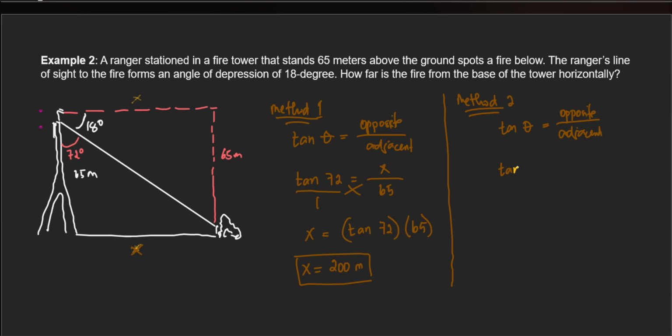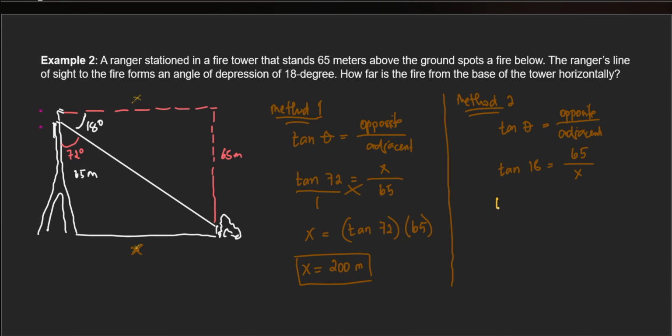So tan 18 degrees is equal to the opposite of 18, which is 65, and the adjacent of the 18 degree angle is x, since that is missing.